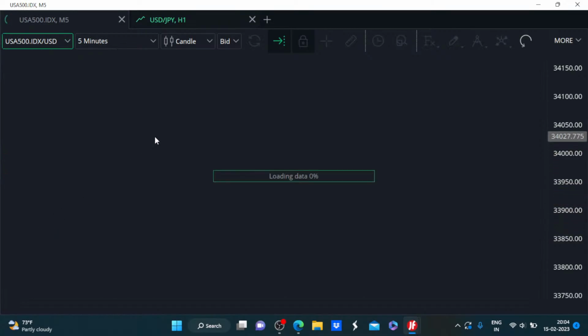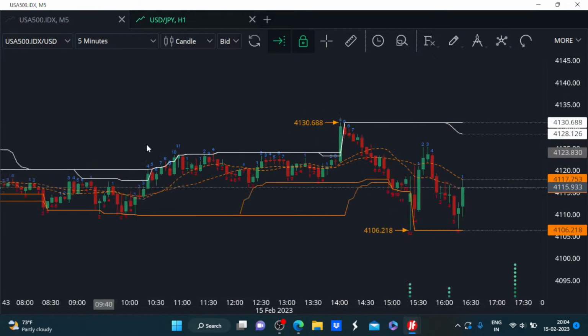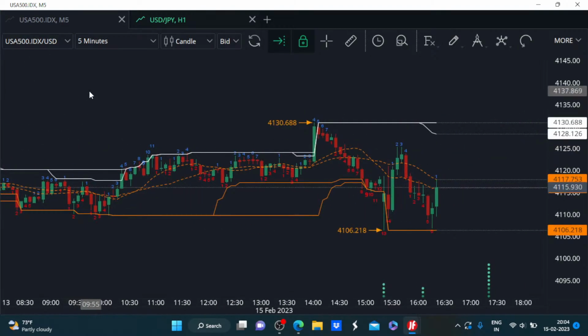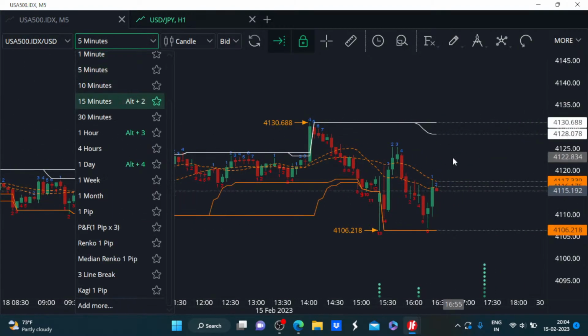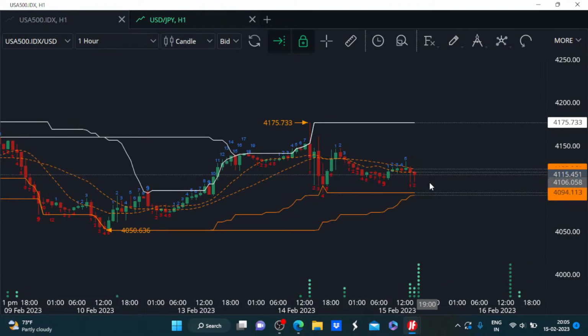Let's consider what's the story for S&P 500. S&P 500 is also similarly placed, not much of a difference in terms of its timeline of the immediate swing high and swing low formation. Let's consider the hourly charting. It is slightly looking less bearish compared to the Dow Jones Industrial Average.